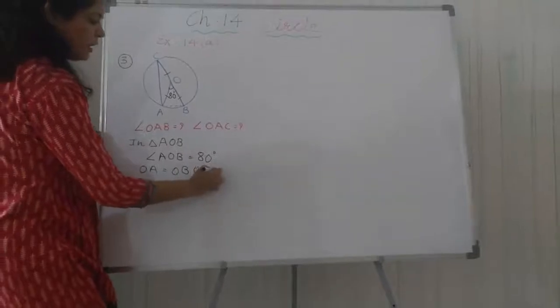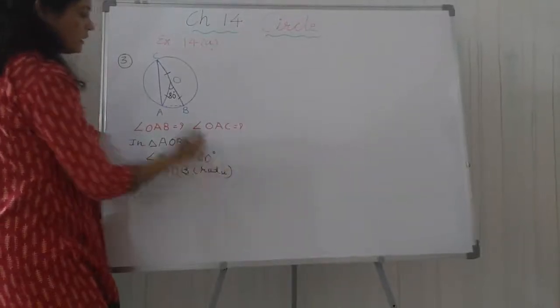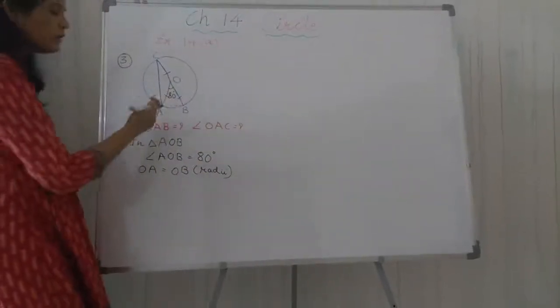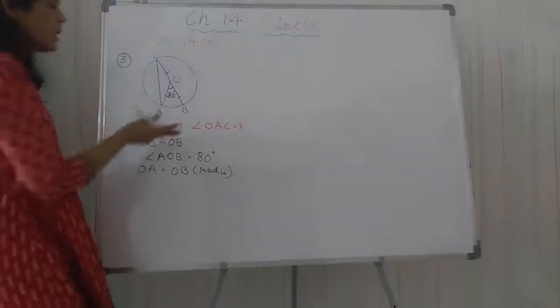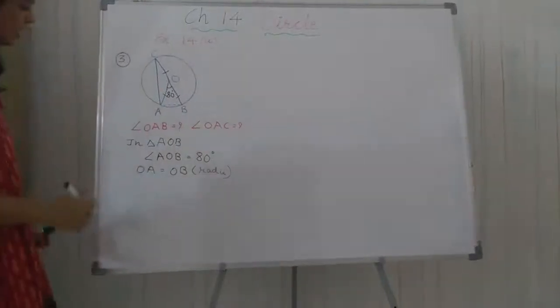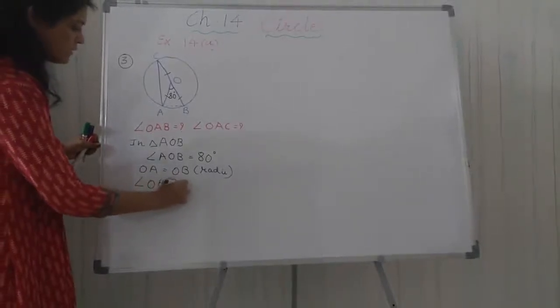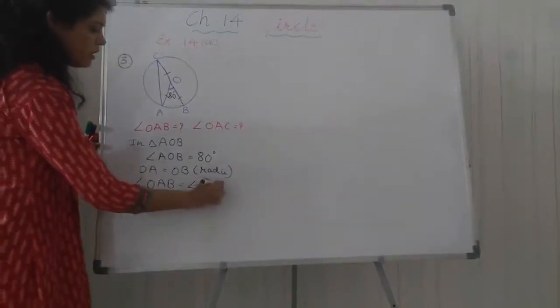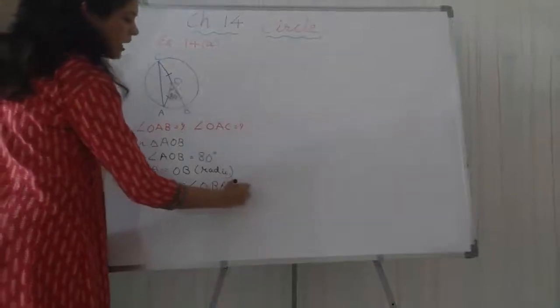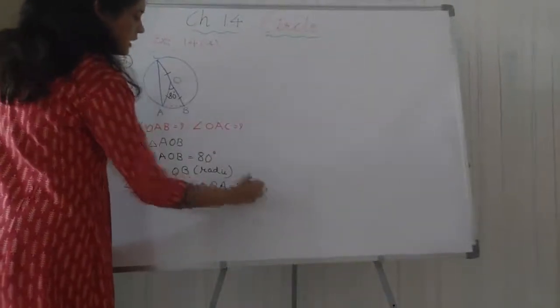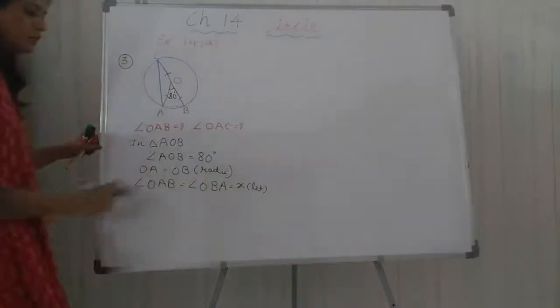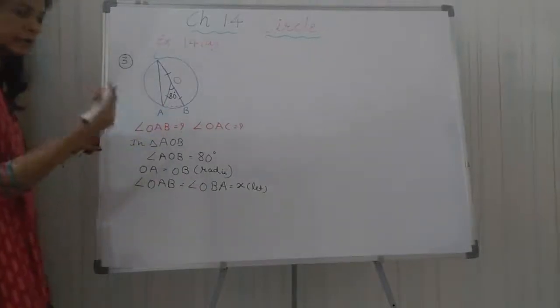Because they are radii. So this is an isosceles triangle, and whenever two sides are equal, the opposite angles are also equal. So I am taking angle OAB is equal to angle OBA is equal to x.